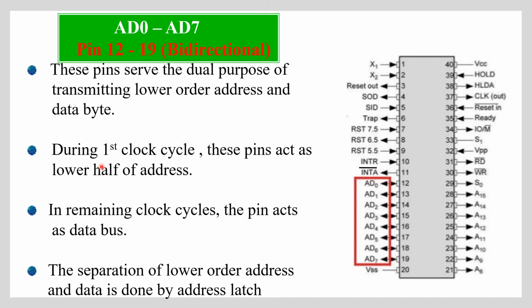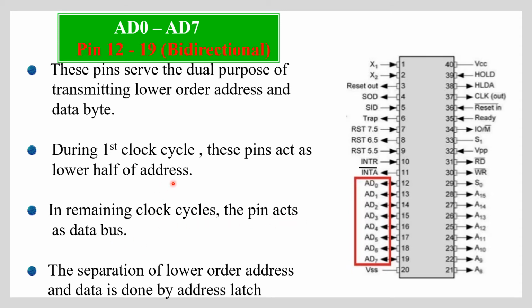During the first clock cycle, these pins act as the lower half of the address. So first, for the first clock cycle, the address will be sent, and for the remaining clock pulses the pins act as a data bus.